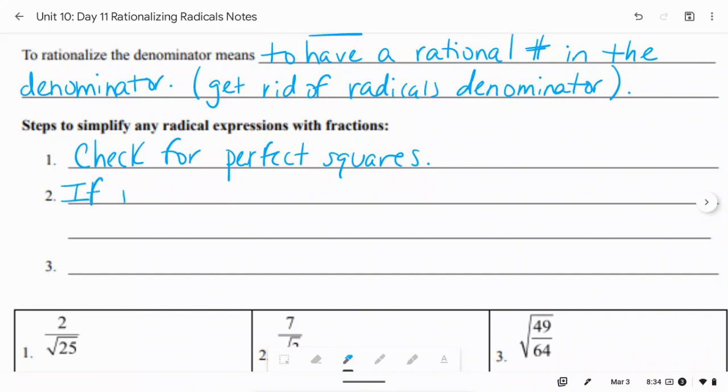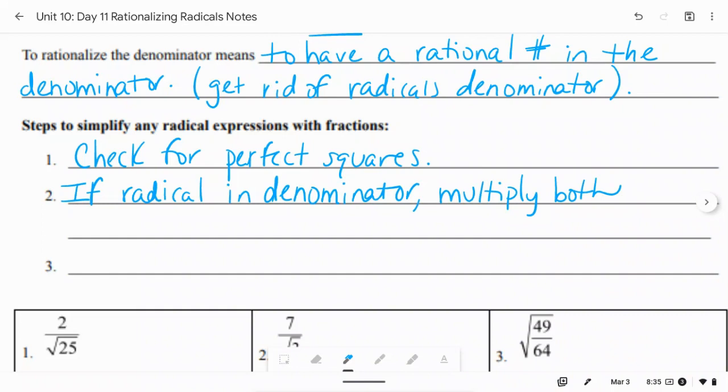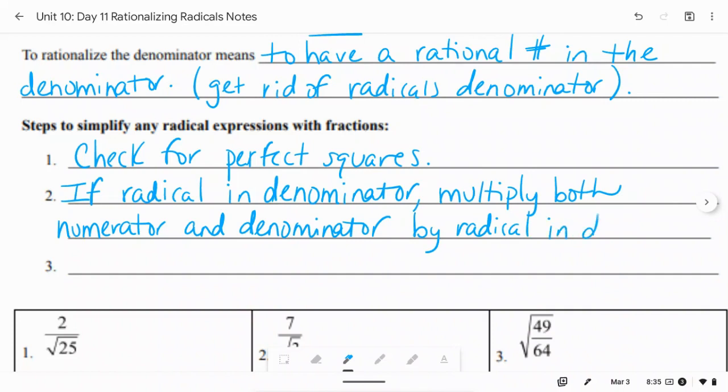So if you still have a radical in the denominator, then you're going to multiply both the numerator and denominator by the radical in the denominator.